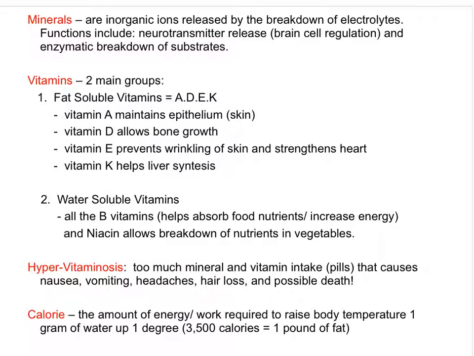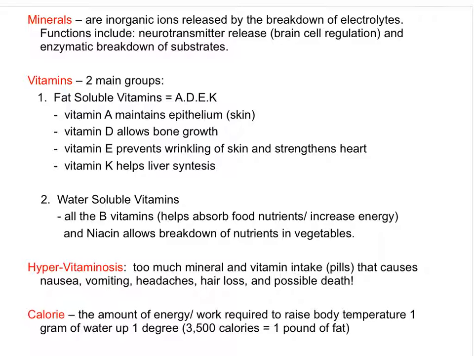Now let's go over minerals. Minerals are inorganic ions released by the breakdown of electrolytes. Their functions include neurotransmitter release, brain cell regulation, and enzymatic breakdown of substrates. Vitamins, there are two main groups, fat-soluble and water-soluble vitamins.